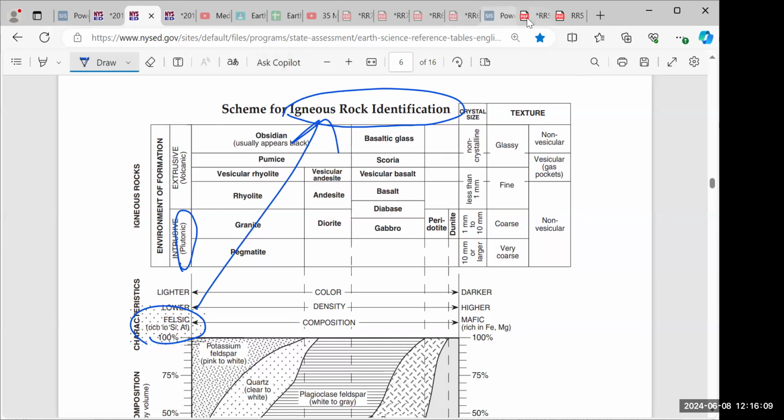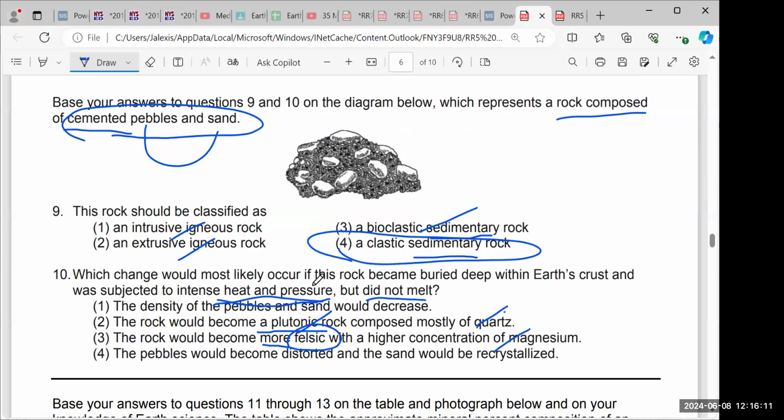And we know that because it did not melt. Because it did not melt, the density of sand and pebbles would not decrease. It would not change, because it did not change its state of matter. So that's why the correct answer is choice 4.